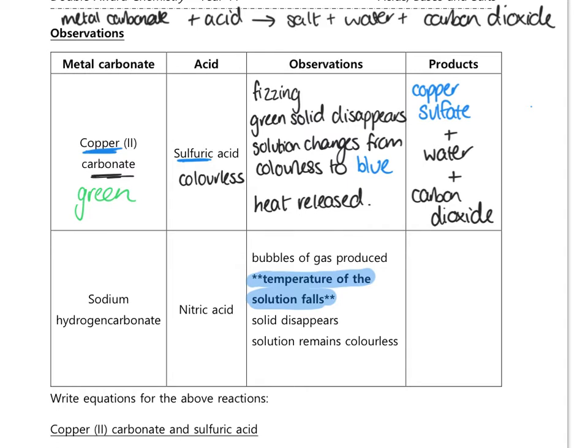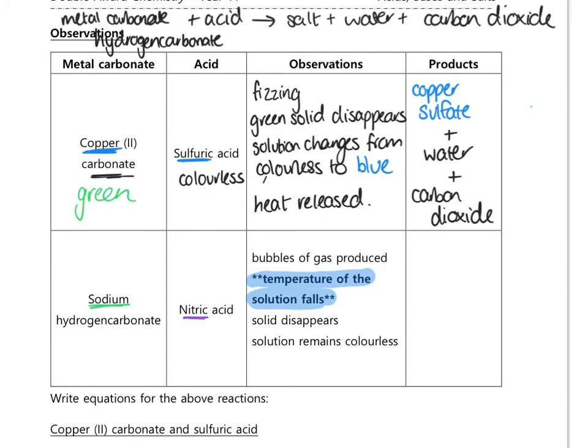Let's have a think about our products. Well, going back to our general equation, the same thing applies for hydrogen carbonates as well. When metal carbonates or hydrogen carbonates react with acid, we get a salt, water and carbon dioxide. The salt has two names, remember. First part of the name from the metal, second part of the name from the acid.